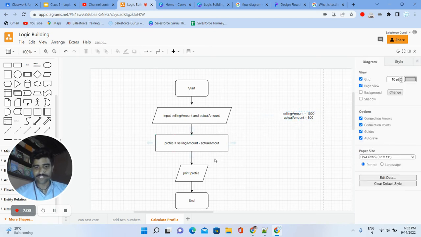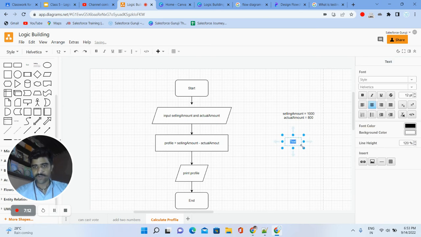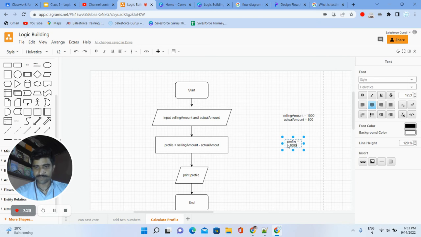Now when it comes here, by this formula our profit will be calculated. Profit equal to 1000 minus 800.